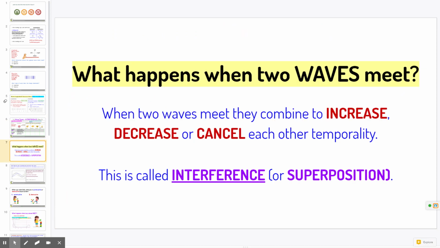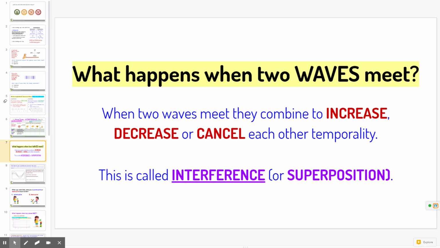So what is wave interference? Well, this is all about what happens when two waves meet. Two waves on a lake, on a pond, two ripples on a pond, two vibrations. What happens when two waves meet?